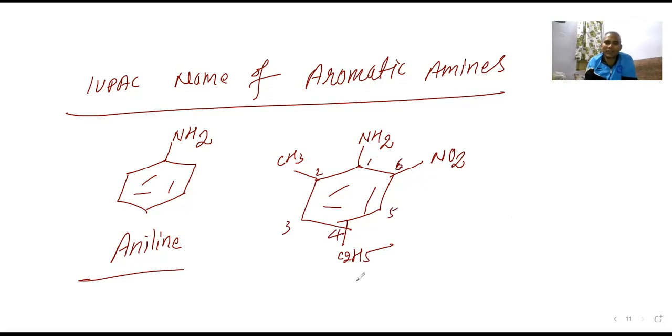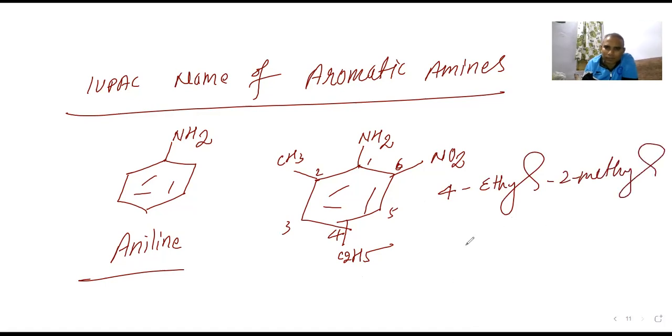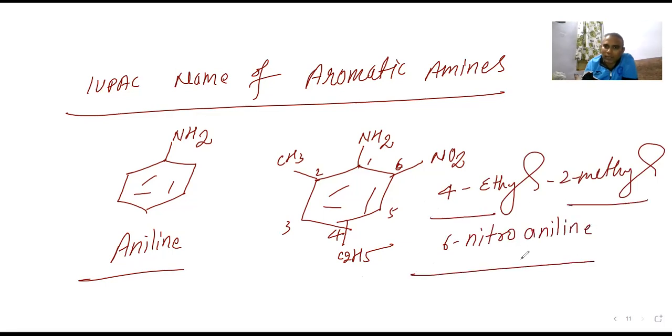So, C2H5 is ethyl, right? So it will be 4-ethyl, 2-methyl, 6-nitroaniline. 4-ethyl-2-methyl-6-nitroaniline. Is it okay?